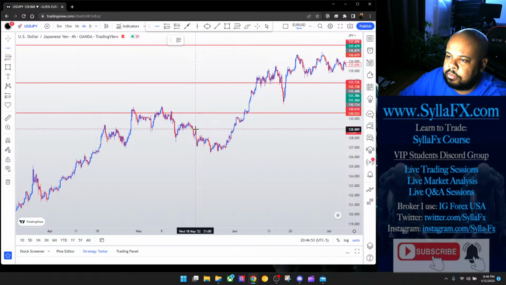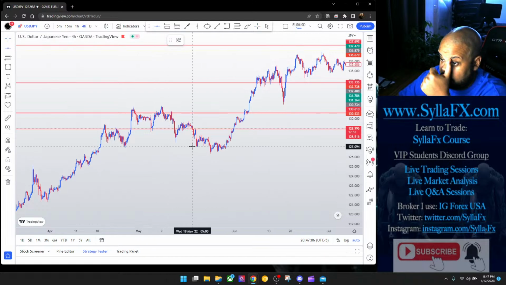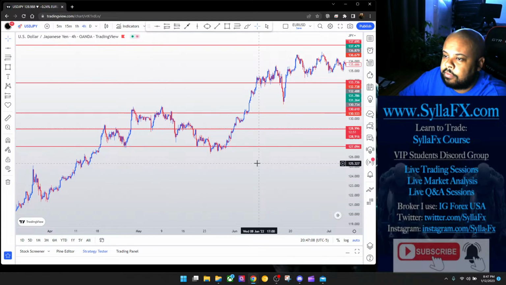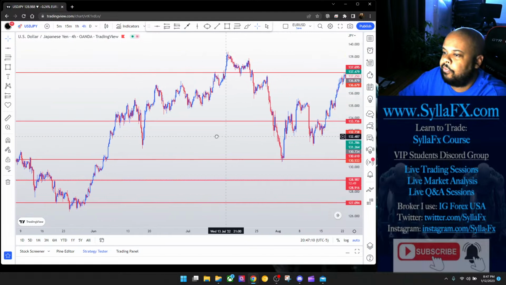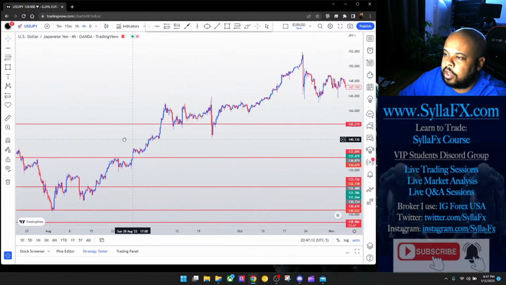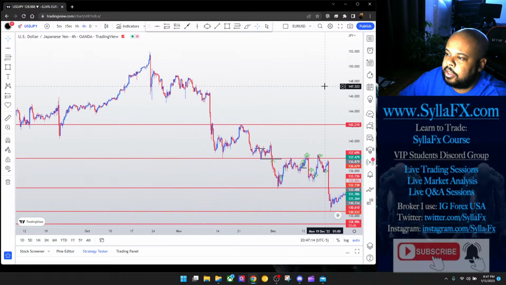This is a more prominent one, to be honest. Here, let's see. Got this rejection. I would draw it right here. Yeah. And then the next one, I'll feel more comfortable with this area here for the next level. So we got two new 4-hour support levels drawn up as price is making its way back down.